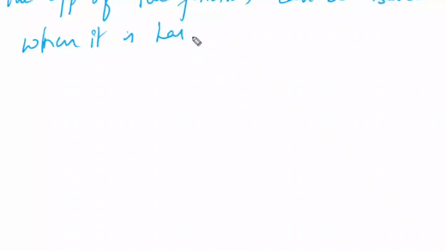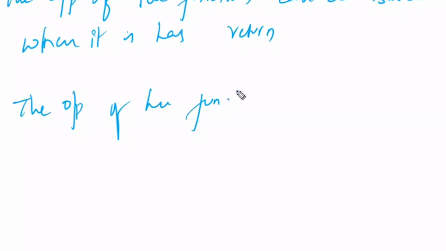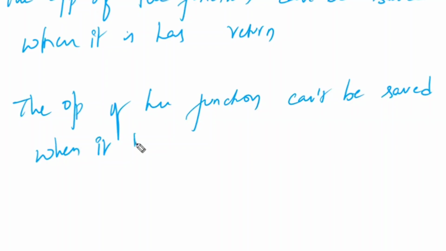Write in your notes: the output of the function can be saved. Whatever the output value you are going to get can be saved when it is returning, when it has return written. The output of the function can't be saved when it has print inside that.